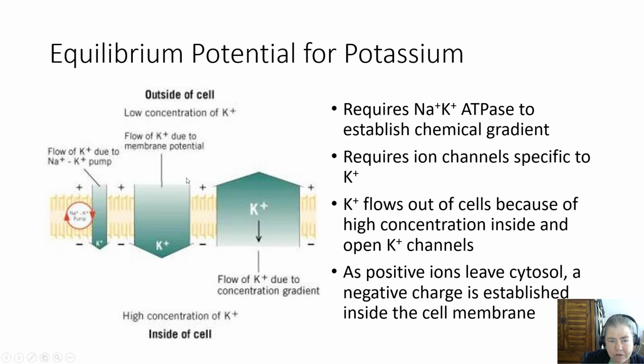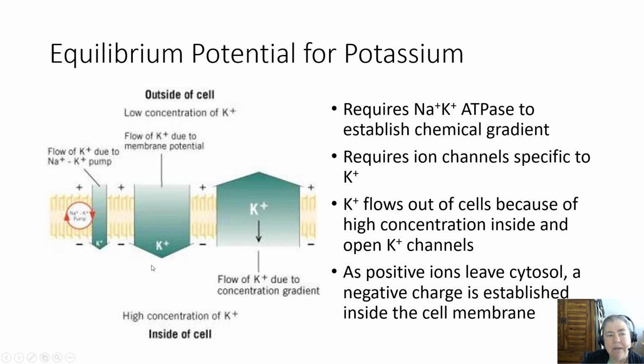So we have a positive charge on the outside of the cell and a negative charge on the inside of the cell. But just as there is a kind of pressure from the concentration gradient, there is also this, because of this membrane potential and the negative charge on the inside of the cell, those potassium channels have two-way movement.